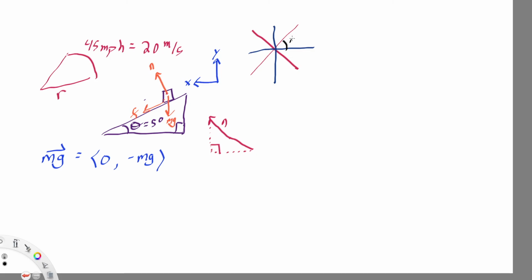All right, so this angle's theta, which means so is this angle, and this angle. Every second angle will be theta because we're walking around, identifying all the 90-degree angles.